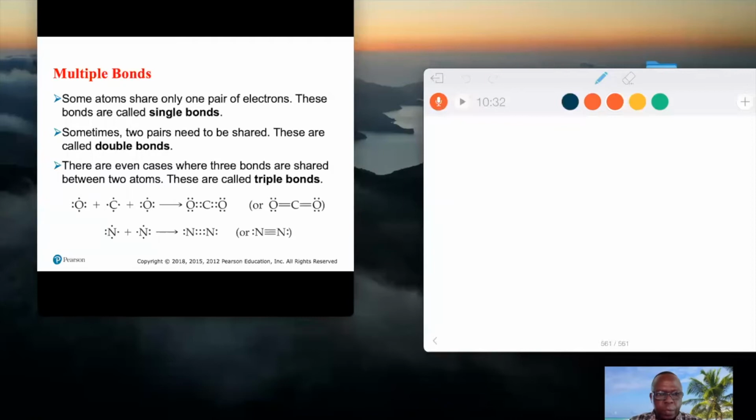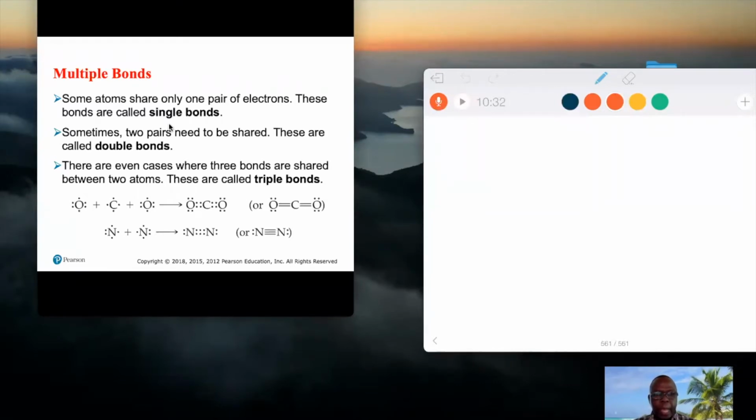There are some sets of rules, some guidelines you need to memorize, you need to learn, so that when you are given the chemical name or chemical formula, you should be able to draw the Lewis structure for that, either polyatomic ion or a neutral molecule.